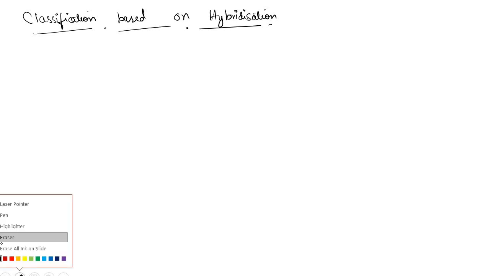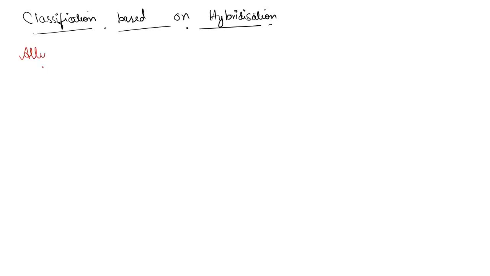So the first one is allylic halides. What does allylic halides mean? These are the compounds in which a halogen atom is bonded to an sp3 hybridized carbon atom adjacent to a carbon-carbon double bond, that is, to an allylic carbon.